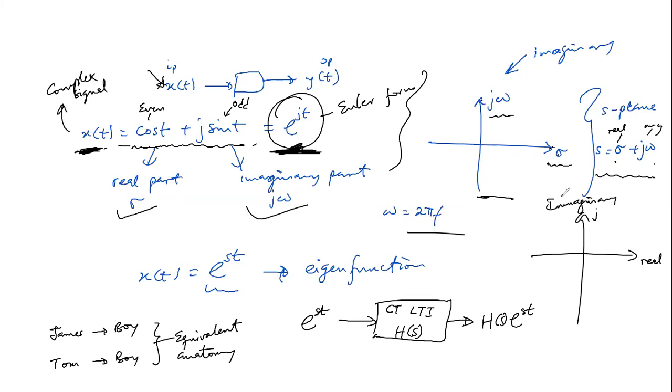So we can now write our signal to contain the component as we have in the s-plane. Rather than say s of t is the same as e to the jt, we can say that s of t is the same as e to the st, for which s describes the component of this signal in the s-plane. From this, this is the same as e to the (sigma plus j omega)t, which is the same as e to the sigma t times e to the j omega t.